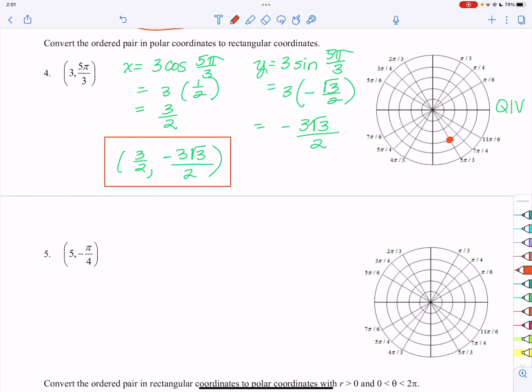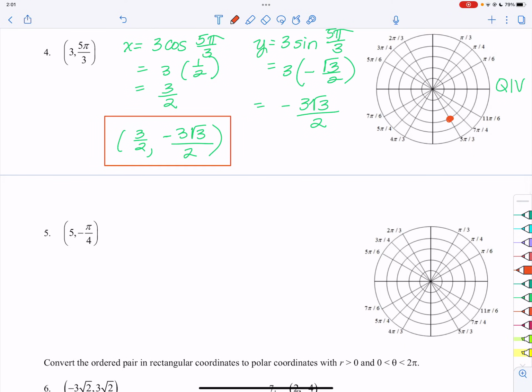Okay, let's look at number 5. 5, the opposite of pi over 4. So let's plot that point first, and as you can see, we're going to be right here. And let me not write over that 7 pi over 4 notation, okay?